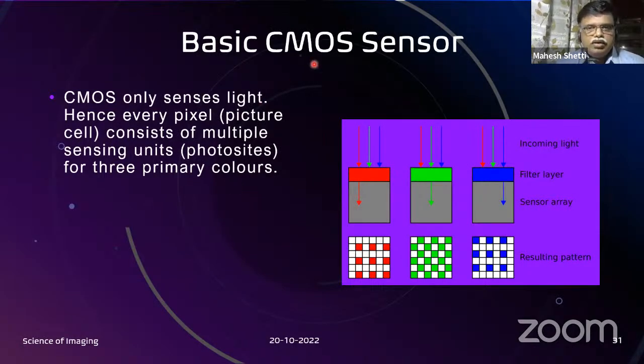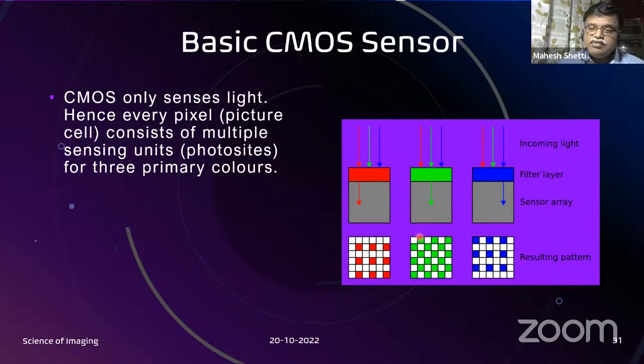In order to mimic the same thing, camera sensors have grids, and the sensor is put with filters. If you consider a filter of 4 squares, one square has a red filter, the diagonally opposite square has a blue filter, and the other 2 squares are green filters.